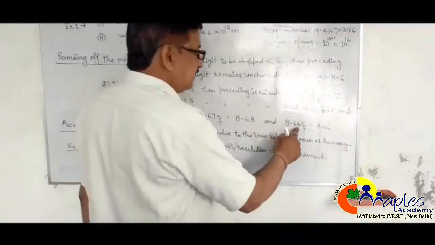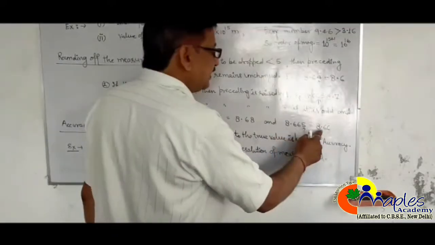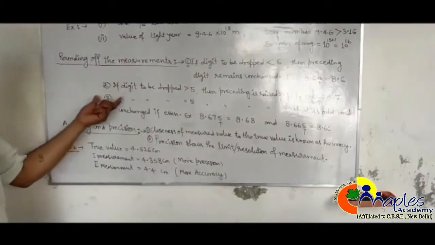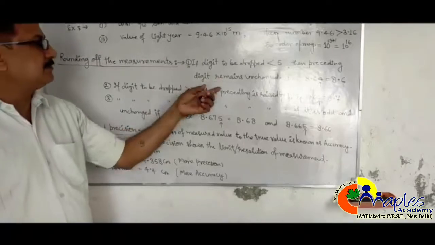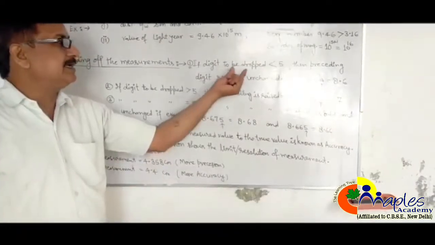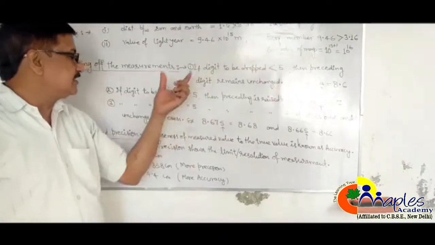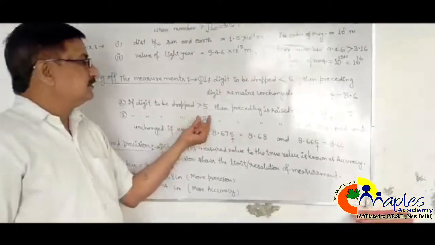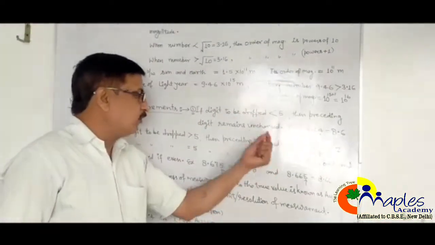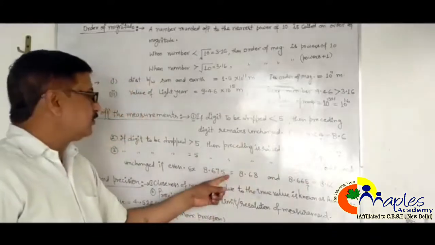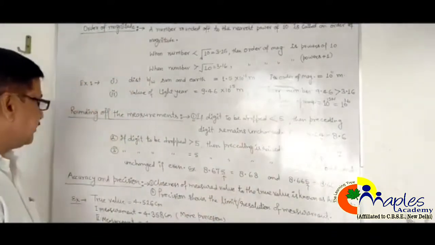And if it is even, it will remain unchanged, 8.66. This is the rounding off. If greater than 5, the preceding will be raised by 1; if less than 5, it remains unchanged. If exactly 5, then we will see whether the preceding is odd or even. Odd is raised by 1 and even is unchanged.